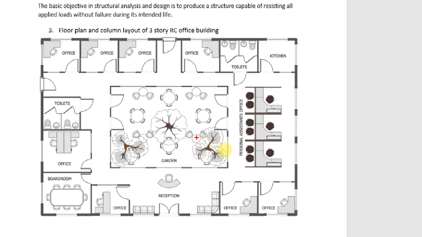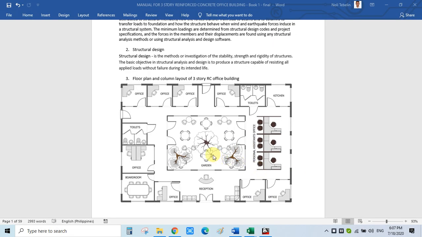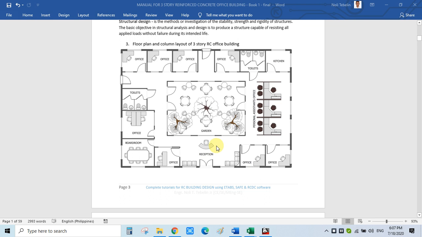Okay, so we have a garden in the ground floor. So this is the garden. Basically, our second floor, third floor, and roof are open to this area. Okay.